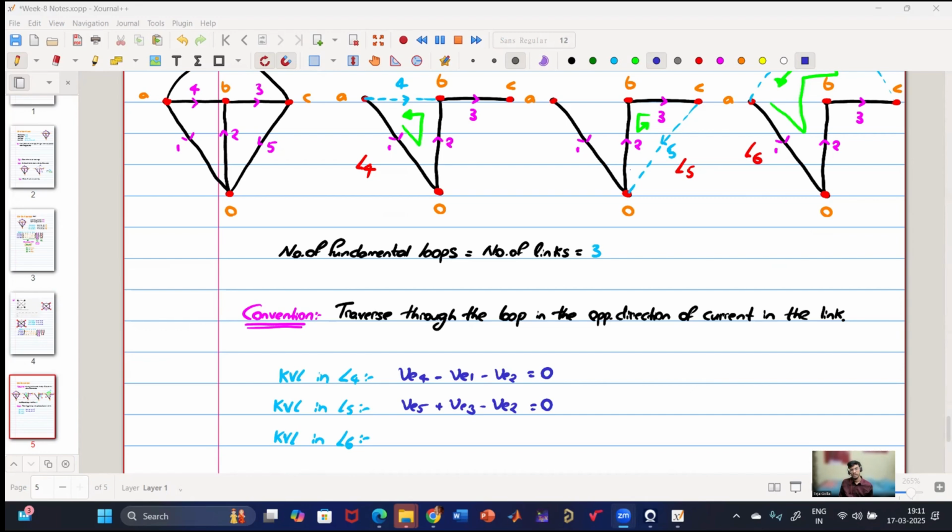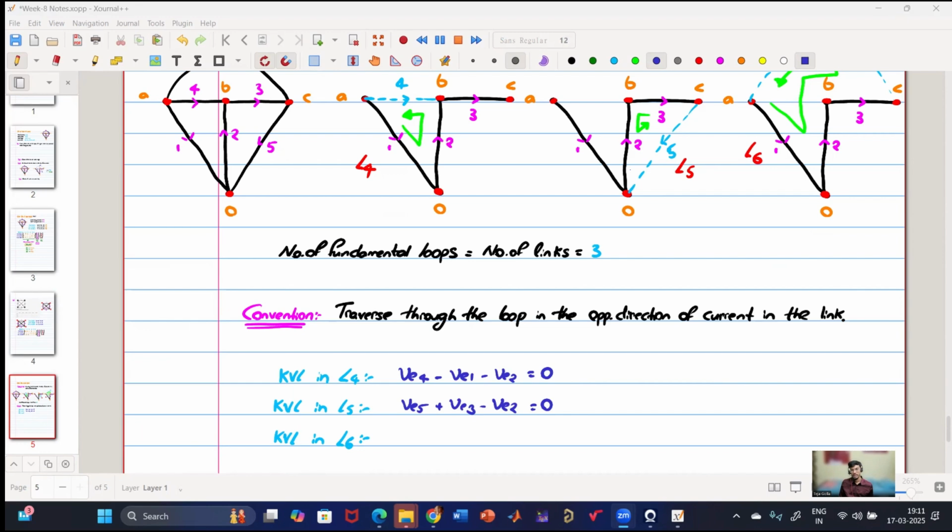Lower potential. Okay, how are you saying O is at lower potential? We are taking it as the reference node. See, O can be reference, but B can also be negative, right? B can be positive, can be negative. Say O is 0 and current is going from O to B. So current goes from higher potential to lower potential, right? So O is at higher potential or lower potential?